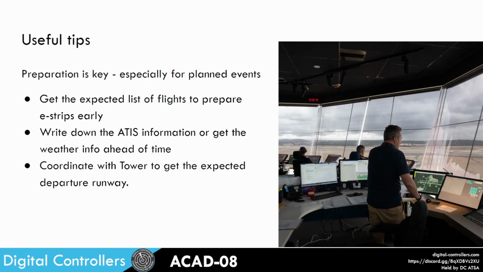Then we want to write down the information or get weather information ahead of time so that we are prepared for it. And we also want to coordinate with the tower controller to get the expected departure runway and potentially arrival runways or any other relevant information.